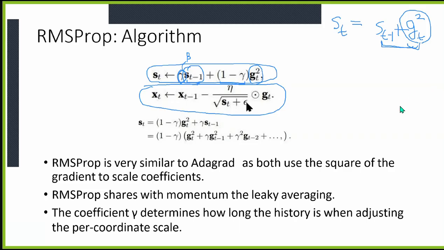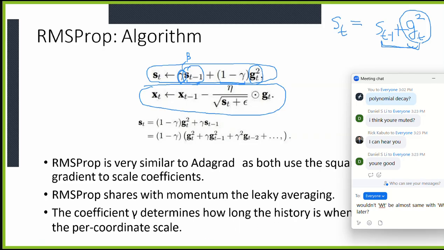But also, since we're focusing more on the recent gradients, that also has an adaptability advantage. In deep learning, we're constantly updating the weights across all the layers.